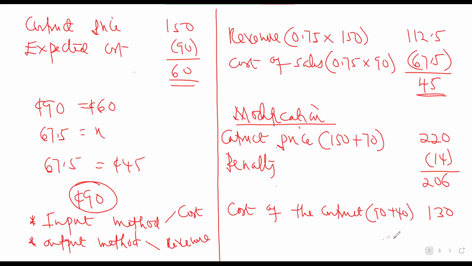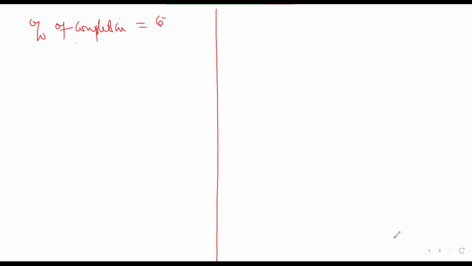We now have to find our new percentage of completion. So find your new percentage of completion. Okay, you need to complete the work by incurring 130, but you have incurred 67.5.